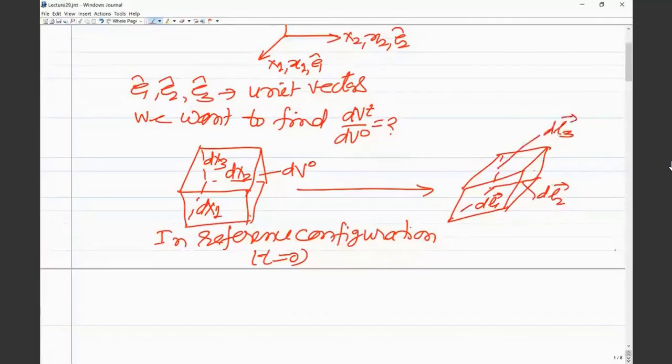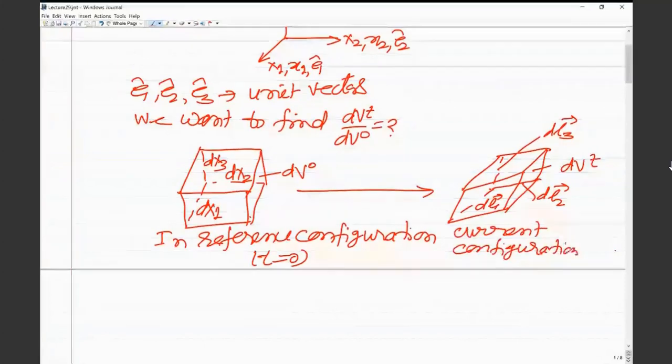The volume of this parallelepiped is dVt, and this is in the current configuration, at any time t.